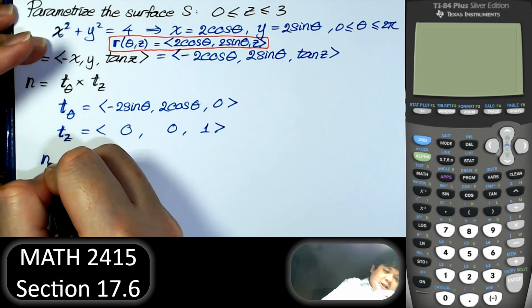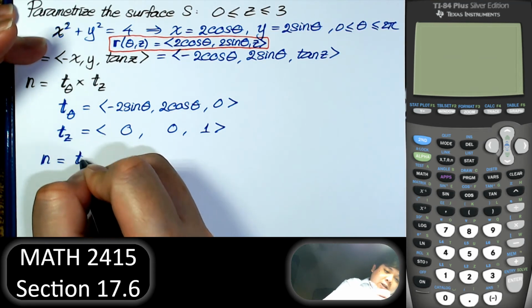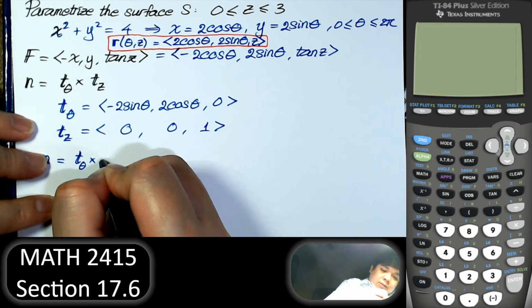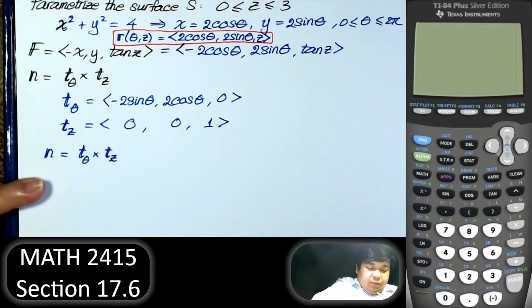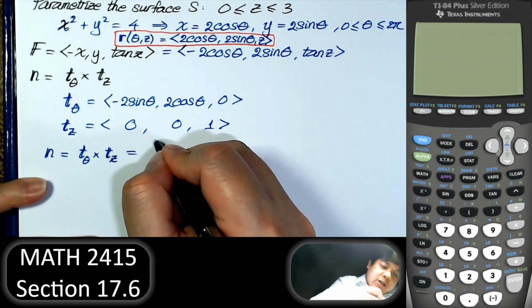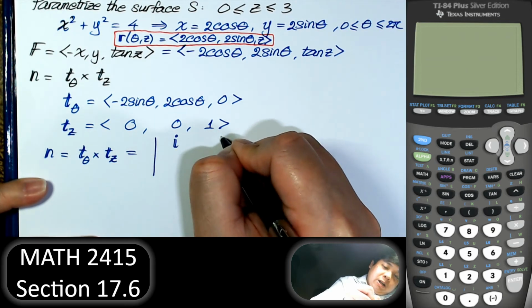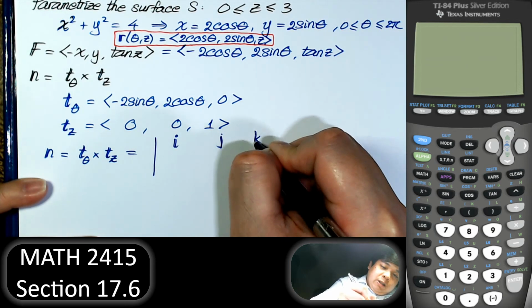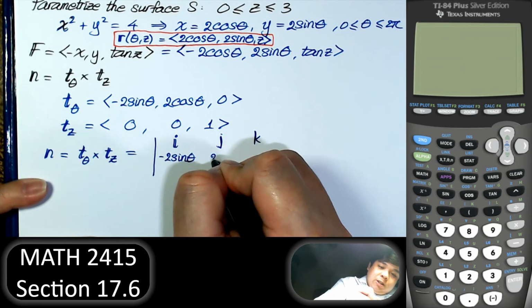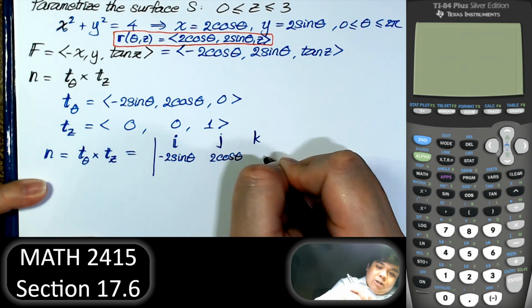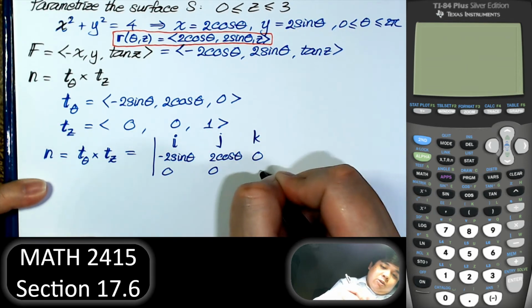Right, the normal vector is the cross product: i, j, k; negative 2 sine, 2 cosine, 0; 0, 0, 1.